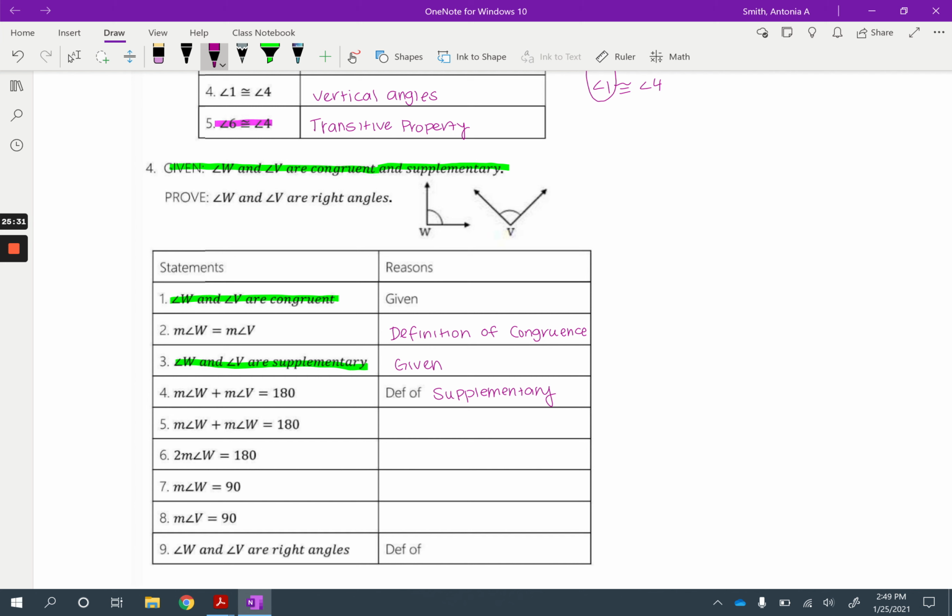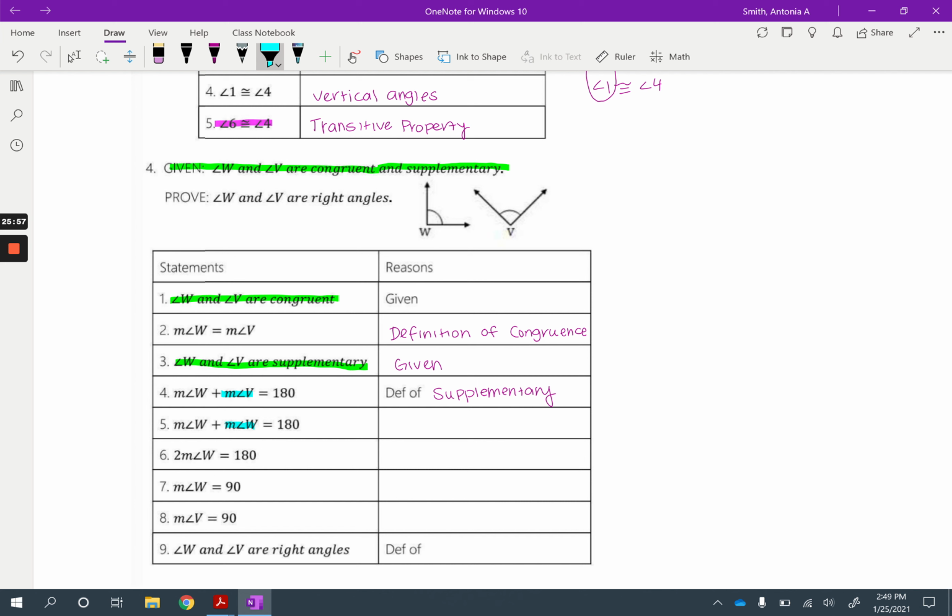Okay. So now step 5 says the measure of angle W plus the measure of angle W equals 180. Well, the difference between statement 4 and statement 5, we have the measure of angle V versus the measure of angle W. So why am I able to switch those two things out?